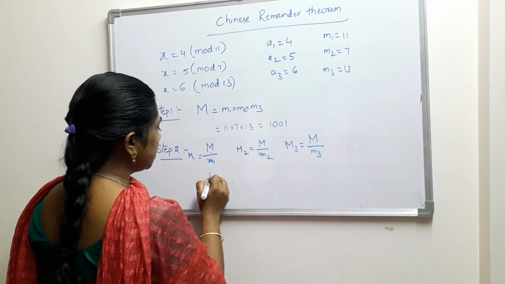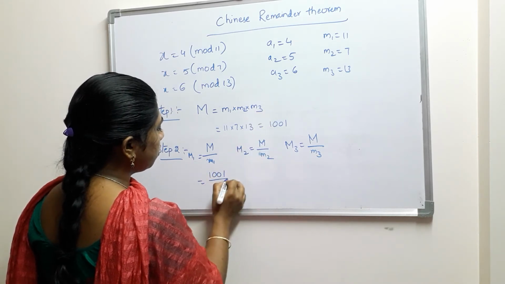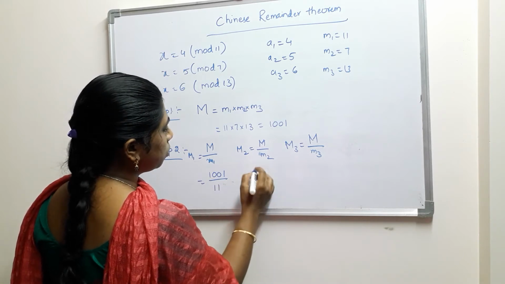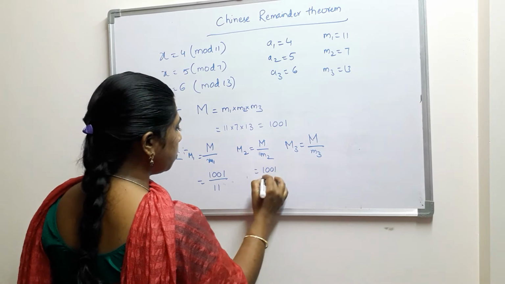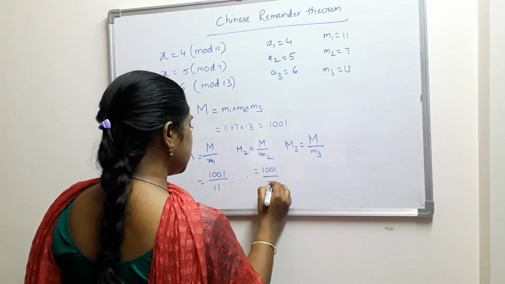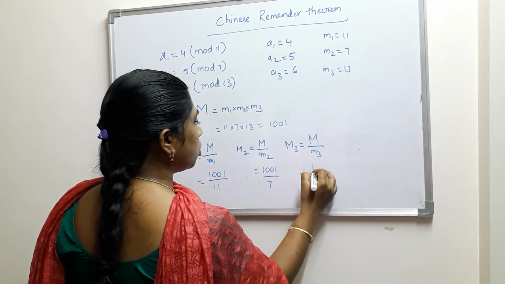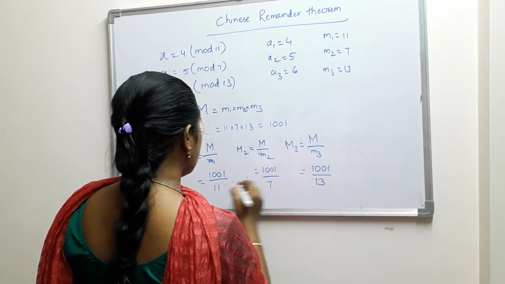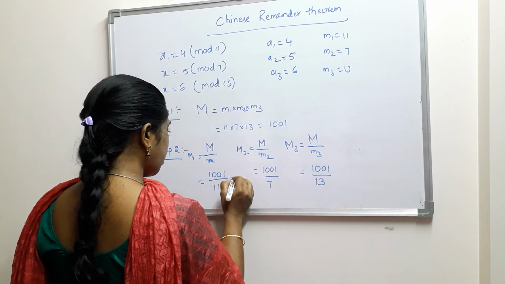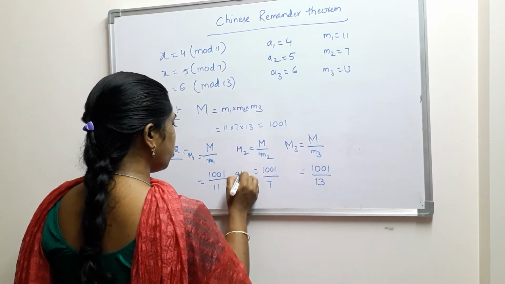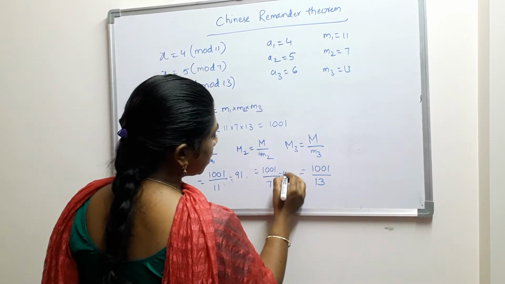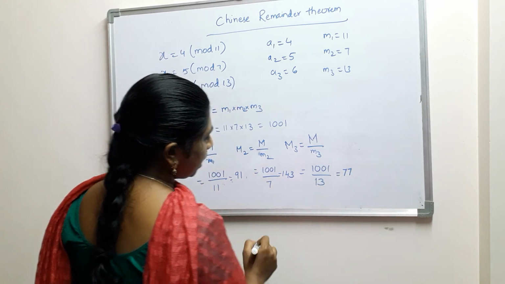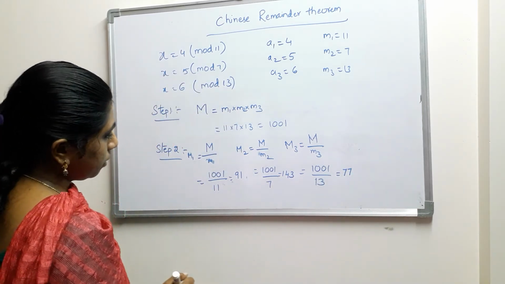M1 is equal to 1001 by 11, M2 is equal to 1001 by 7, and M3 is equal to 1001 by 13. The values are 91, then 143, and 77 that you are going to get.